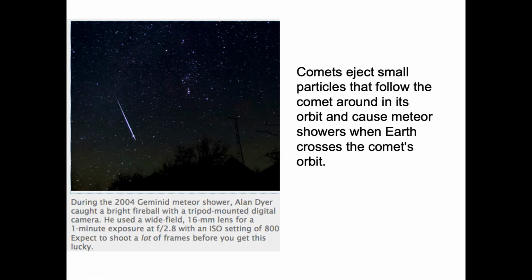Meteor showers also tend to get their names from the constellation they appear to be coming from in the sky. So like if you see here, this is the 2004 Geminid meteor shower, you would be looking towards the constellation of Gemini to be able to see those meteors.